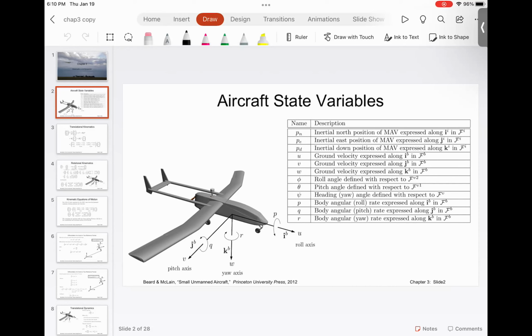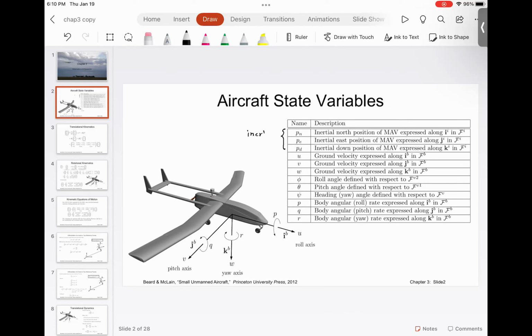The inertial frame is earth centered, earth fixed, not rotating. So the earth-aircraft distance is measured with respect to the fixed frame. Pn is the inertial north position, Pe is the inertial east position, and Pd is the inertial down position, and these positions are expressed in the inertial frame. So the inertial frame is the fixed frame.